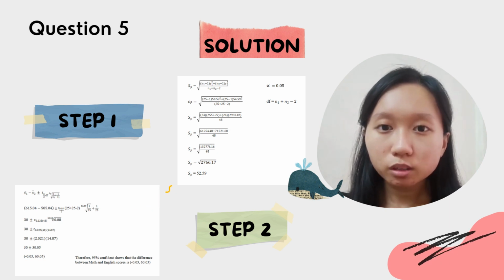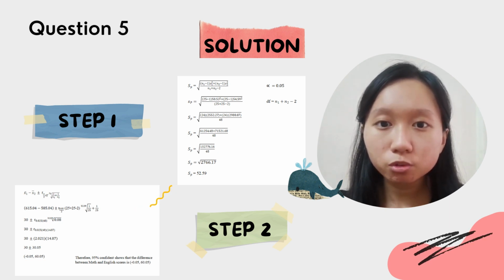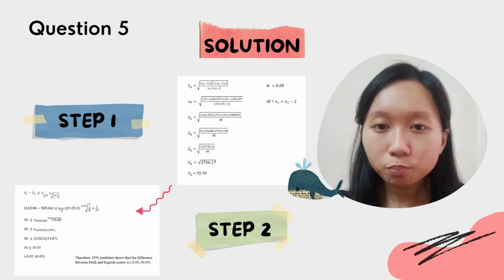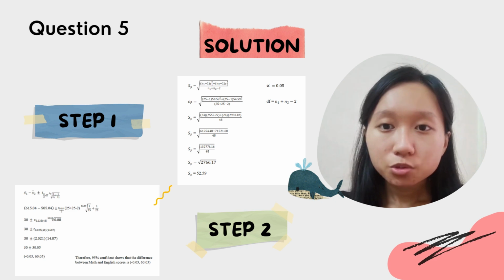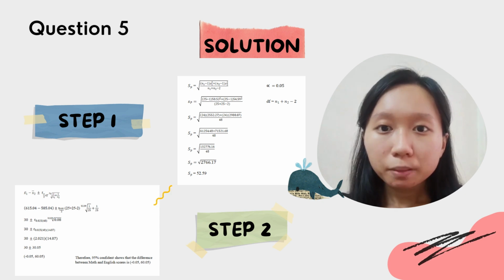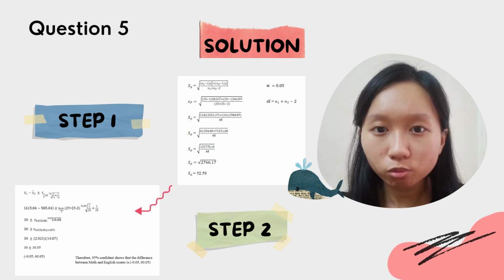After this, we can calculate the difference between math and English scores with the formula x1 minus x2 plus or minus t alpha over 2, df, Sp times the square root of 1 over n1 plus 1 over n2. So it will be 615.04 minus 585.04 plus or minus t 0.05 over 2, 25 plus 25 minus 2, and lastly multiplied by 52.59 times the square root of 1 over 25 plus 1 over 25.